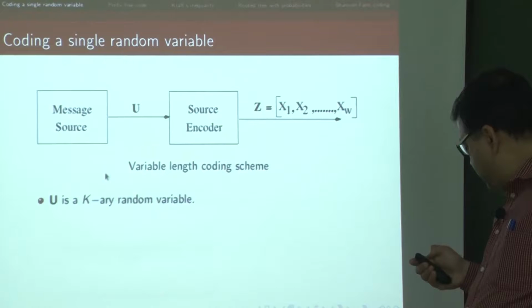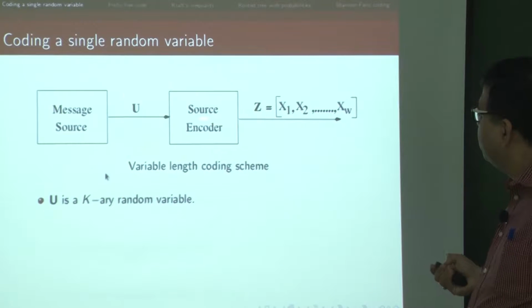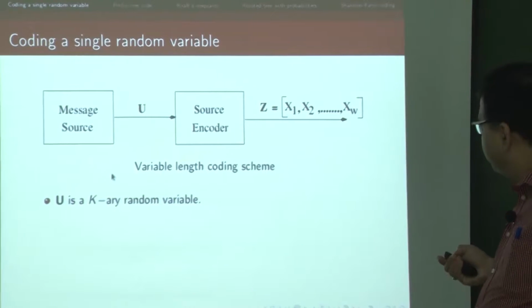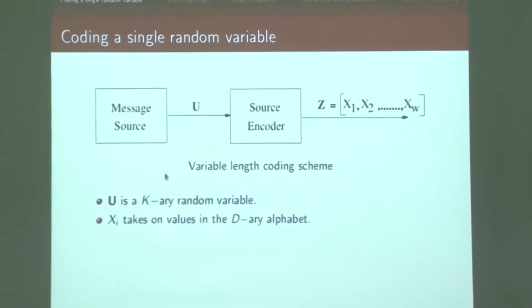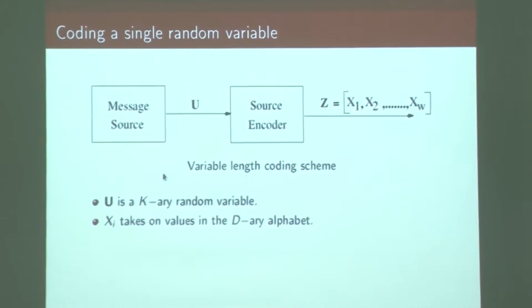So, I am encoding this random variable u into another random variable z, which consists of x_i alphabets. Here z is a code word corresponding to u, which consists of a w length code word, where w is variable and each x_i takes values from a d-ary alphabet.